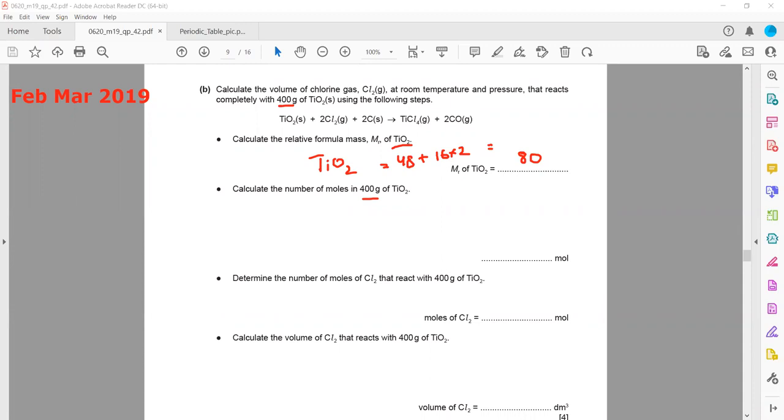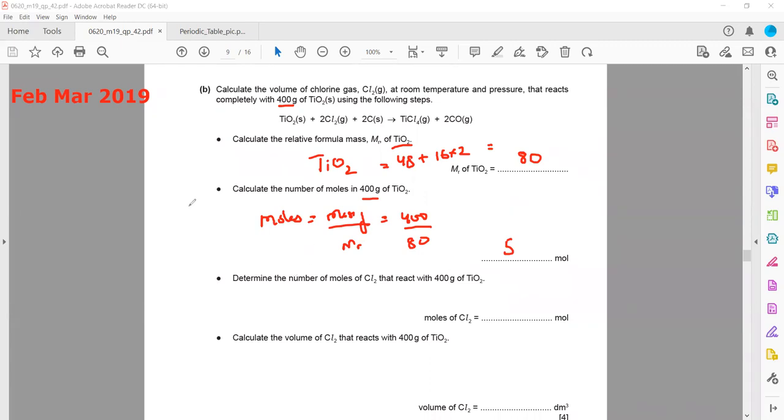Mass in grams over Mr. So moles equal mass in grams over Mr. The mass in grams is 400 and the relative formula mass of titanium oxide is 80. So it is 400 divided by 80, which equals 5. So 5 moles of titanium oxide.